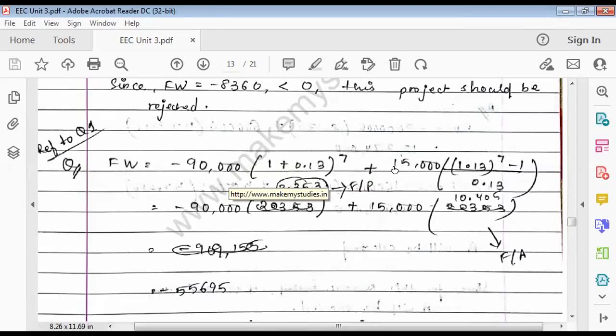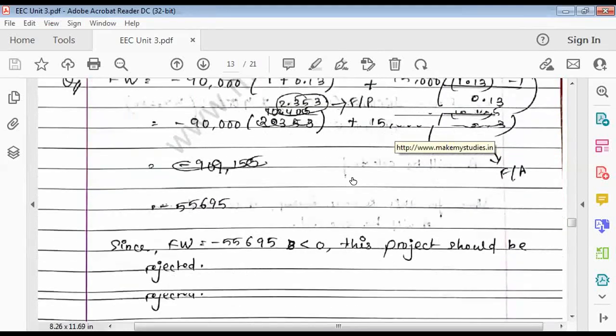But look at 15,000 times the second formula, because this 15,000 you are getting for 7 consecutive years. So look at the formula: ((1 plus R) to the power T minus 1) divided by R, where R is 13% and T is 7.